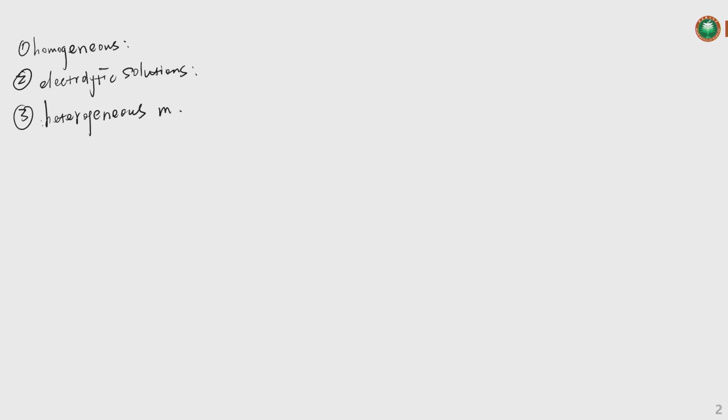And the second kind of materials, the electrolytic solutions. Because one kind of material is dissolved completely in another, we can also regard them as another kind of homogeneous material, and so we can also take measurements on that. So this can always be correct.